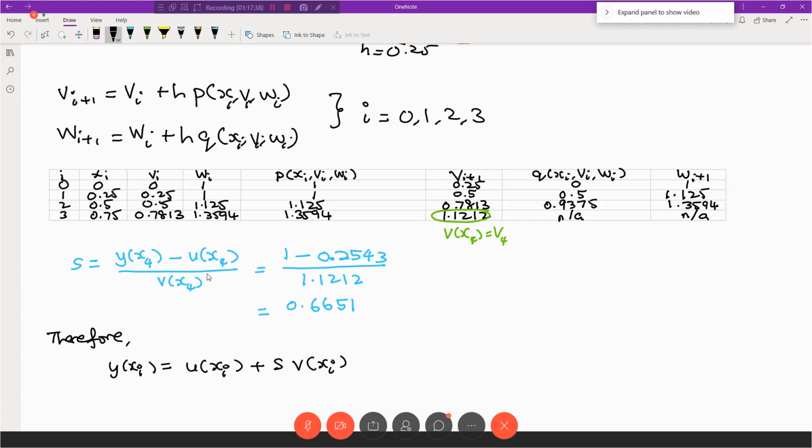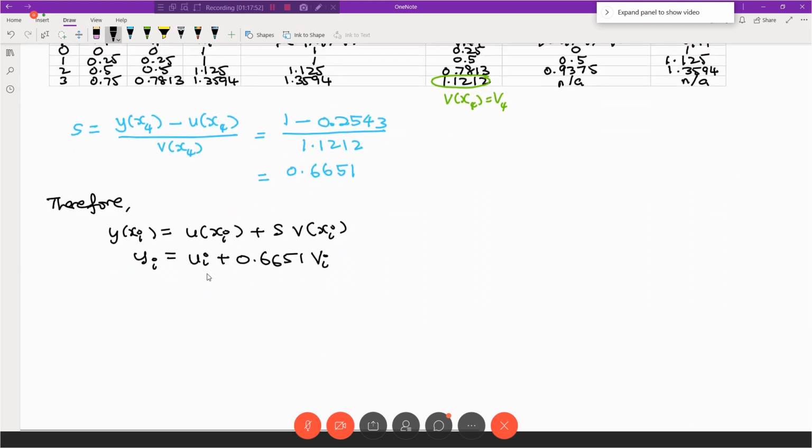In other words, yi equals ui plus 0.6651 vi. So now, how to get the values? Go back. This is your solution yi.